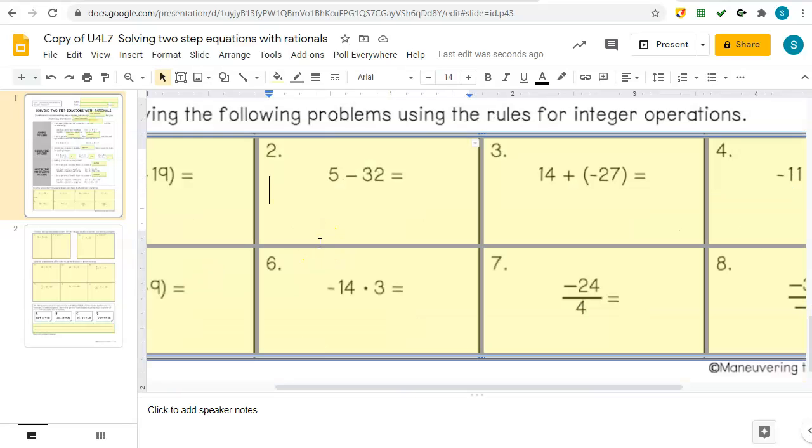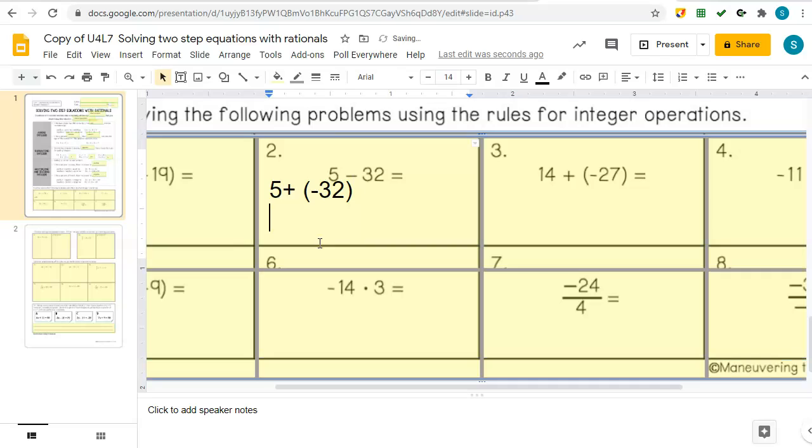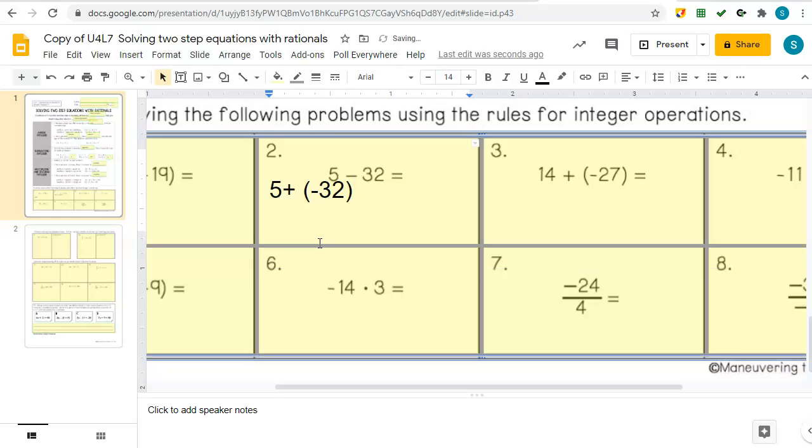Let's rewrite the subtraction as an addition, so that's 5 plus negative 32. Those are opposite signs, so we actually subtract. 32 minus 5 is 27. So we get negative 27.